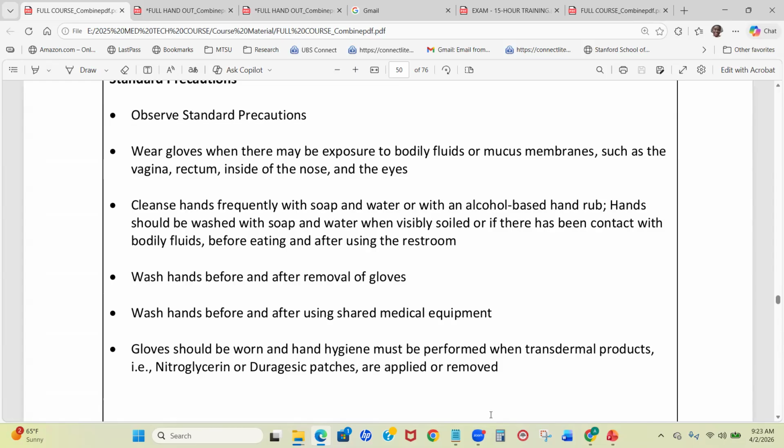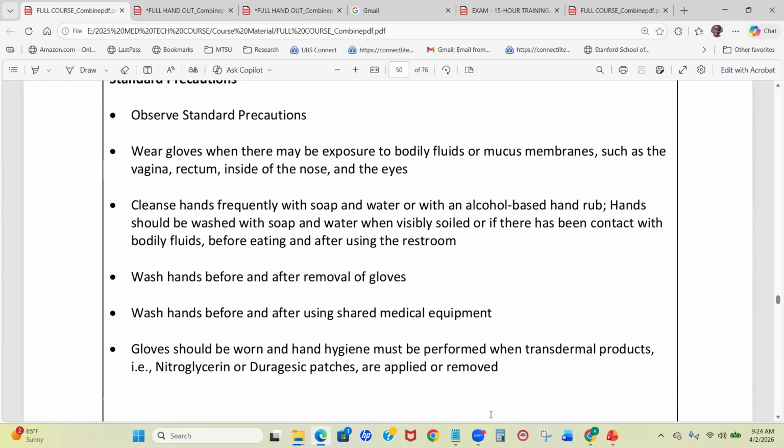Your hands should be washed with soap and water when visibly soiled, if there has been contact with bodily fluids, before eating, and after using the restroom. When you come out from the restroom, you don't quickly come and stand by the med cart and start passing medicines. You wash your hands. If there's no soap, you use the alcohol hand sanitizer.